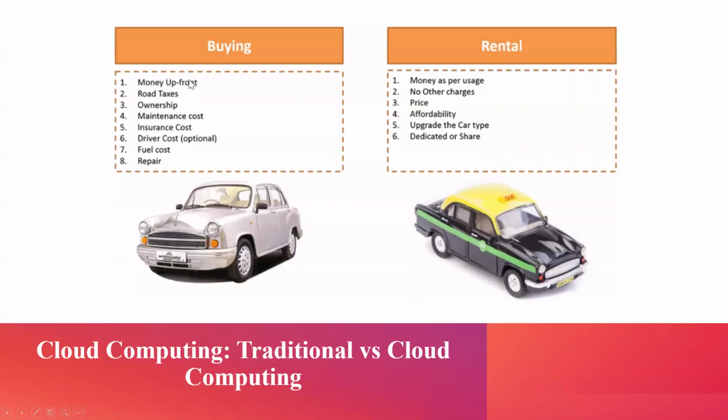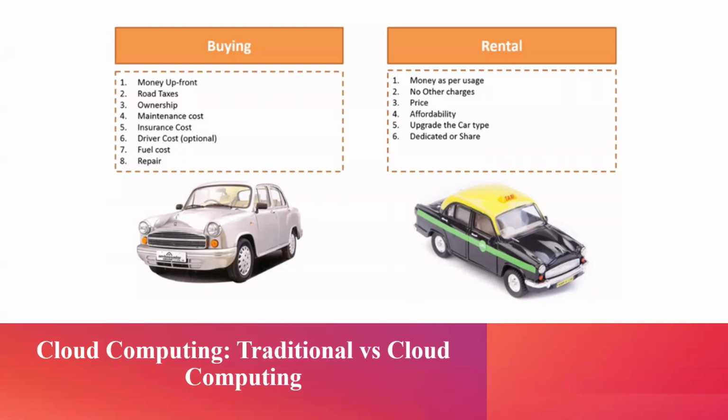You can purchase a 1 lakh car also, you can purchase costlier cars also, sir. The price will vary. Money is up to us. You need to pay the road tax. You are the owner. You can maintain the ownership. You need to bear the maintenance cost as well, insurance cost. Assume you don't know driving, then you need to recruit a driver and you need to pay for that as well. Fuel cost, repair cost, everything on your head only, sir.